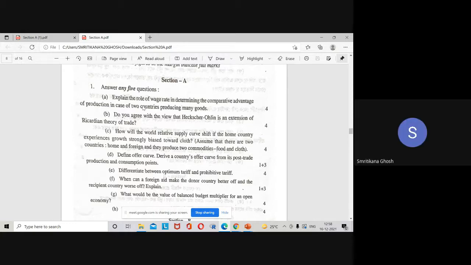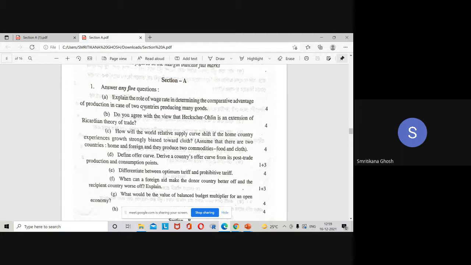Just to stop the import. So optimum tariff is to improve your social welfare and prohibitive tariff is to stop the import. And maybe the level of welfare will be lesser, obviously, as compared to optimum tariff. But here the objective is quite different.